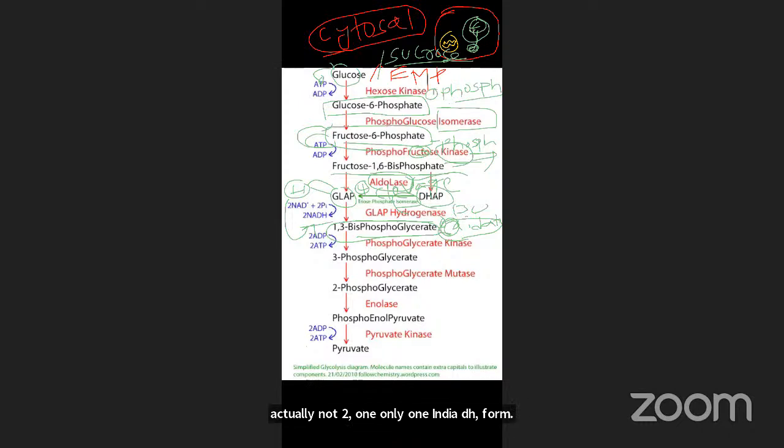After formation of 1,3-bisphosphoglycerate, phosphorylation again takes place. How many phosphorylations have taken place before? Two. So this is the third phosphorylation. This phosphorylation is called substrate level phosphorylation, and I will tell you what it is.